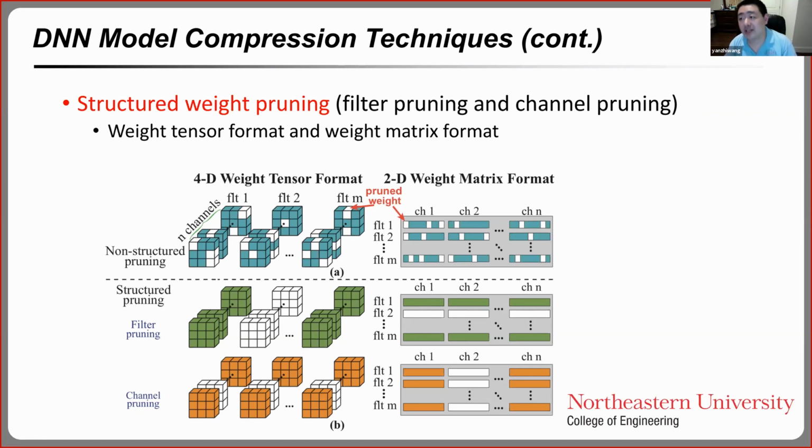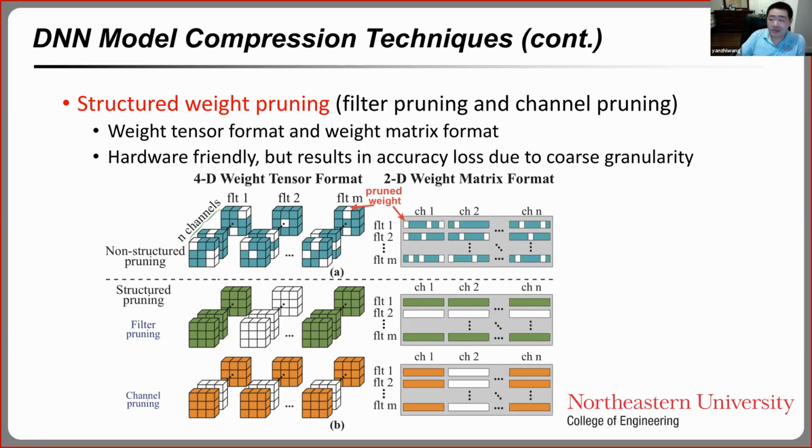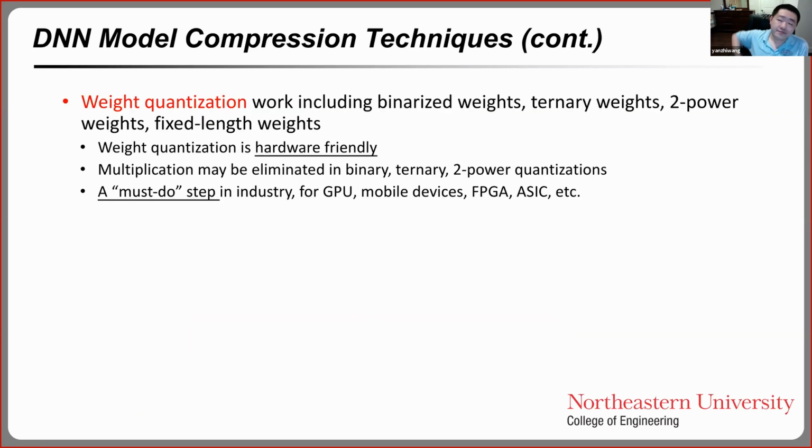So the parallelism can still be maintained. Overall, this kind of technique is hardware friendly, but results in accuracy loss due to the coarse granularity. So we want to mitigate this shortcoming. And later we are going to see how to achieve accuracy and hardware parallelism together.